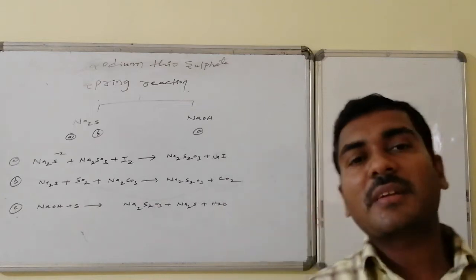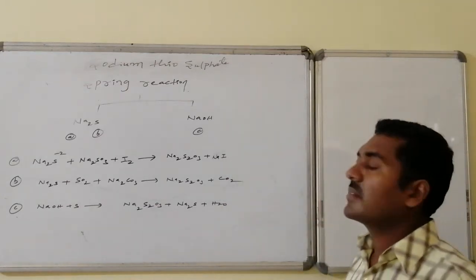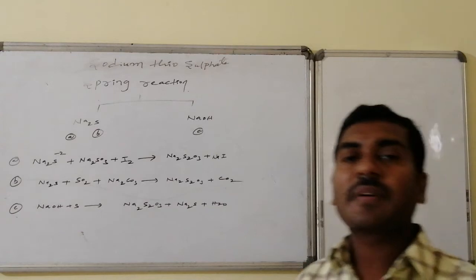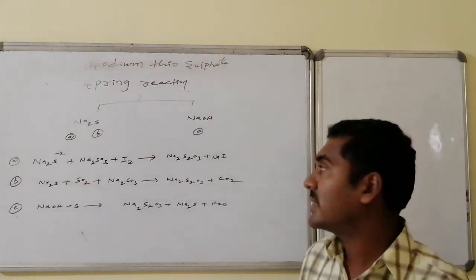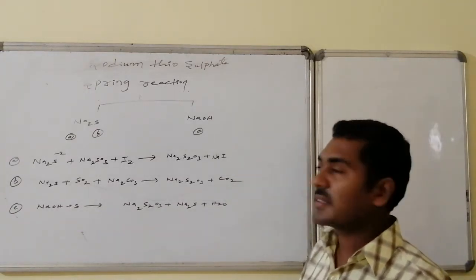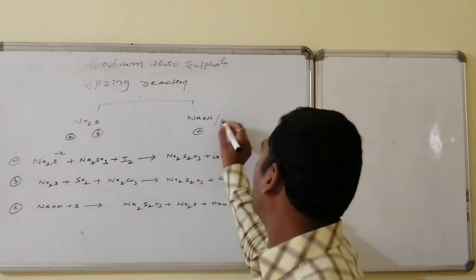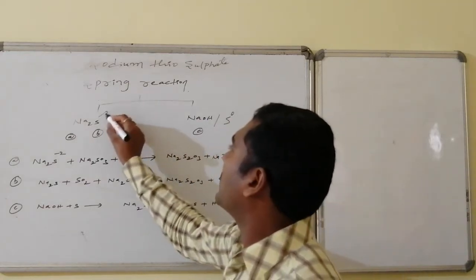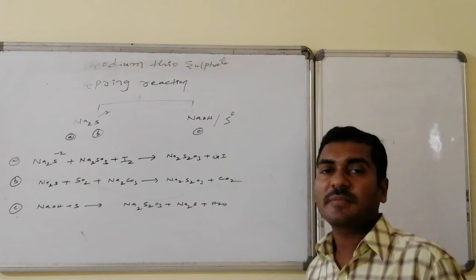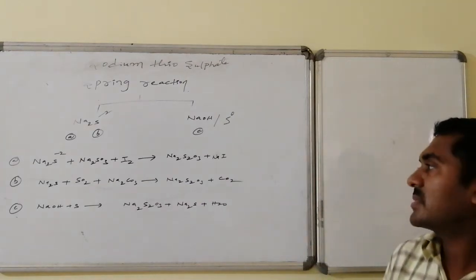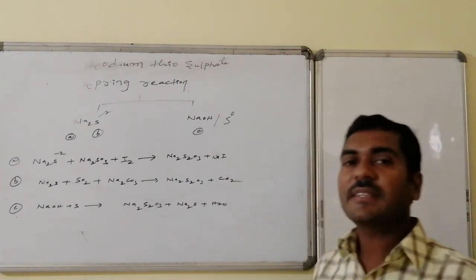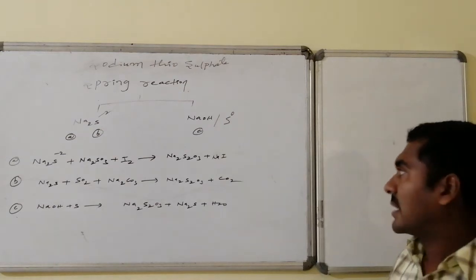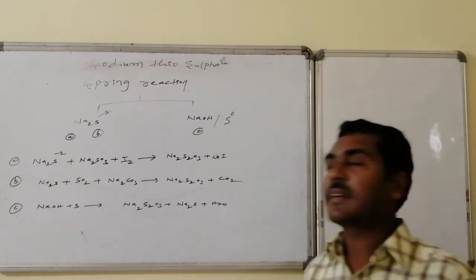The starting materials used for the Spring reactions are, one is sodium sulfite, that is one variety of the Spring reaction, and the second one is sodium hydroxide, otherwise sulfur is used over here. Sulfur 0 is used and sulfur -2 is used. On behalf of sulfur -2 containing compounds, sodium sulfide is used, that is one variety of the Spring reaction. Sulfur is used, that is another variety of the Spring reaction.